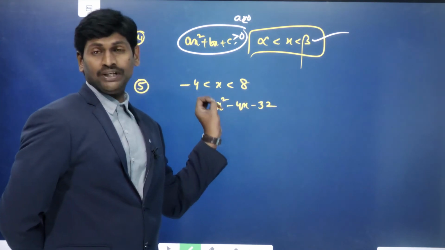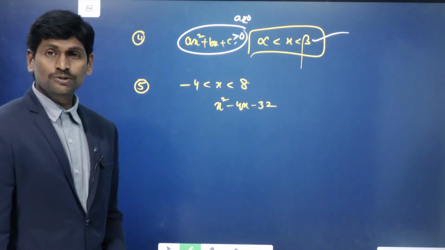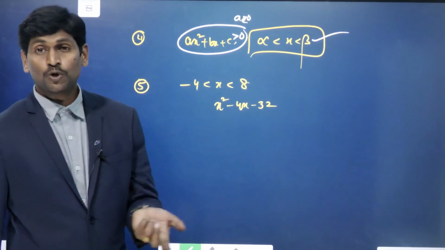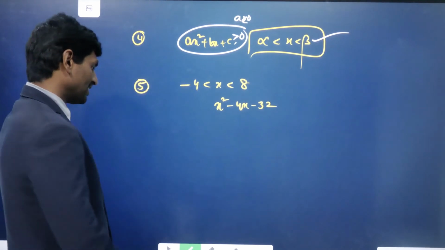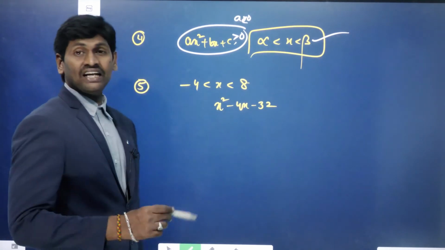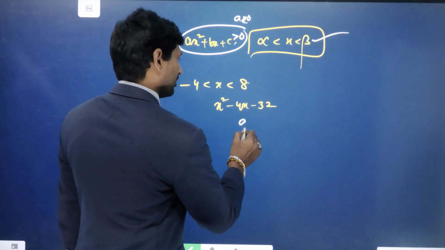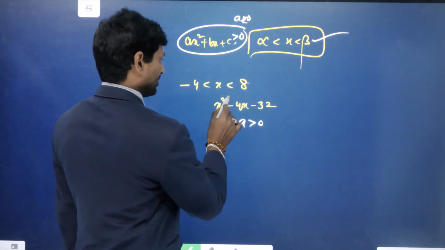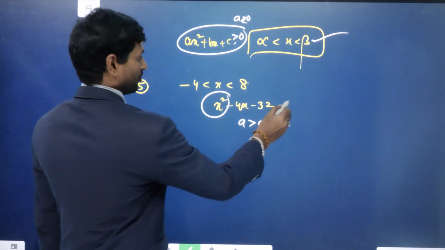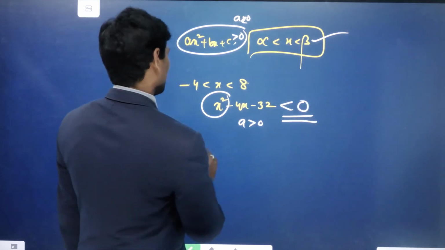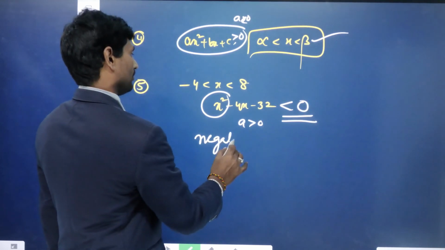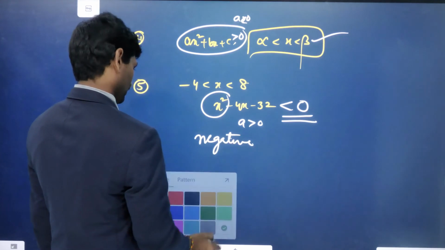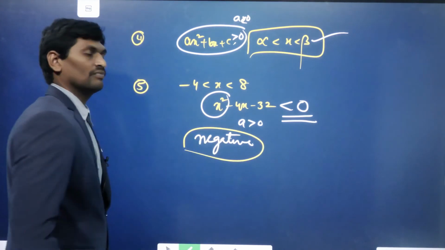The x value is between the roots, so we will have opposite signs: the x square coefficient and the entire expression. The a value is greater than 0, because here the x square coefficient is 1, so the entire expression is negative. So the answer is negative. Check.